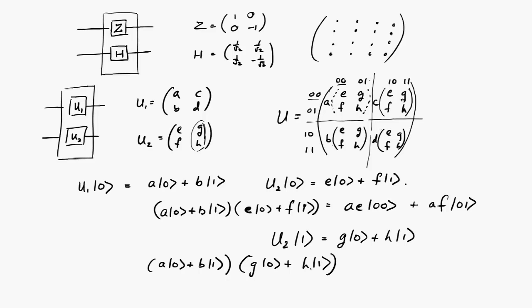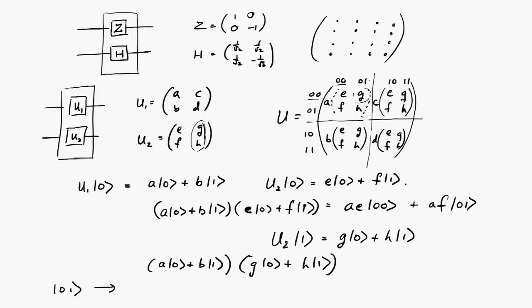And you can see that therefore |0, 1> gets mapped to |0, 0> with amplitude A times G, which is as it is here. And it gets mapped to |0, 1> with amplitude A times H, which is exactly what we had here.